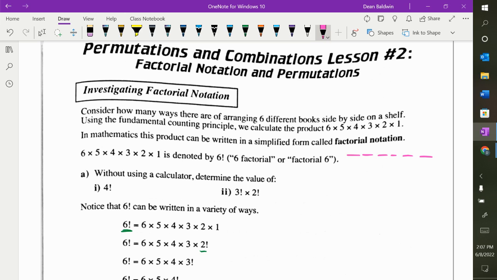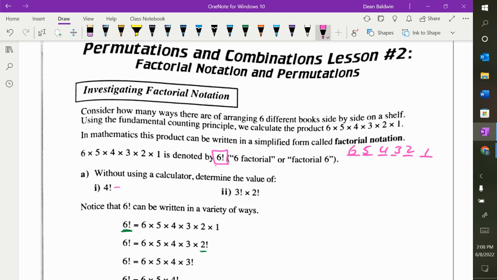How many choices do I have for the first spot? And if I can't repeat, how many choices do I have for the second spot? 5, 4, 3, 2, 1. Okay, instead of writing 6 times 5 times 4 times 3 times 2 times 1, we write 6 exclamation mark, which means 6 factorial. That's all it means.